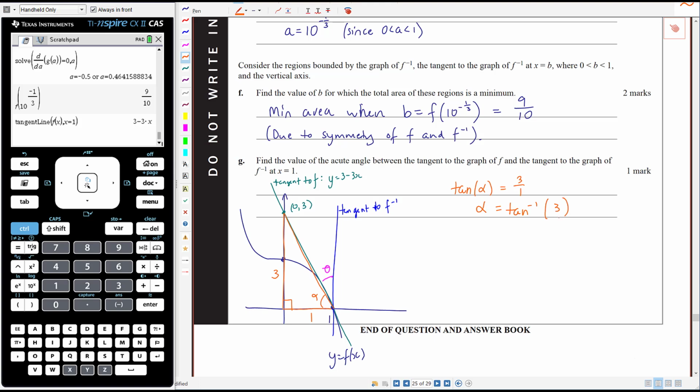Now, it doesn't tell us to give a rounded value. This is another thing I didn't like about this paper. You had to actually just leave your answer in terms of inverse tan of 3. And then the key thing is that theta is going to be clearly 90 degrees minus inverse tan of 3. Or obviously you could write that as pi on 2 radians minus inverse tan of 3.